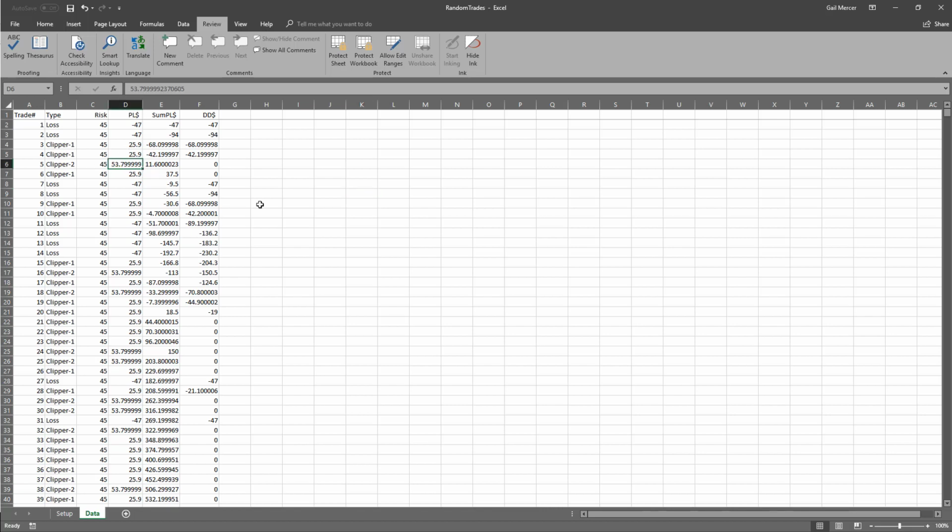This one, you made $53.79. This equates to about $55 before the exchange fee. This is $27 before the exchange fee. Remember, the exchange fee has already been either added to the loss or subtracted from the profit.